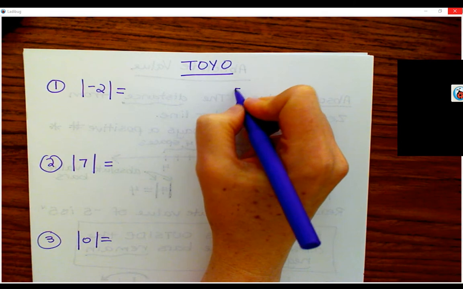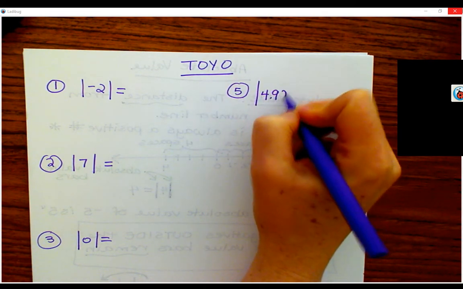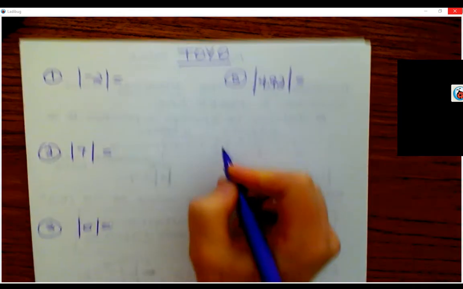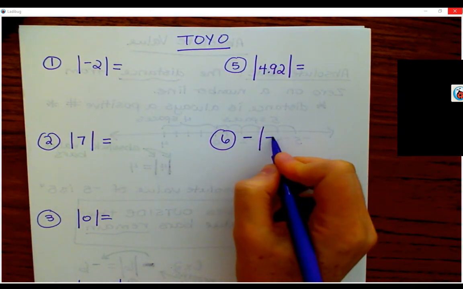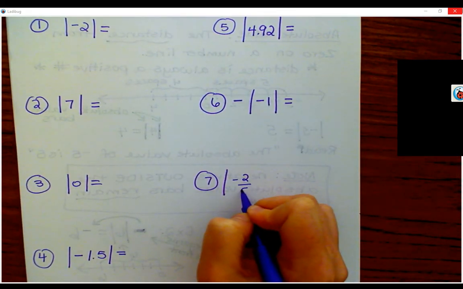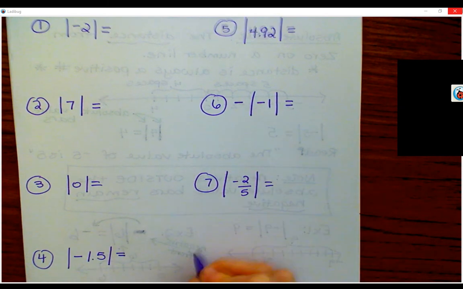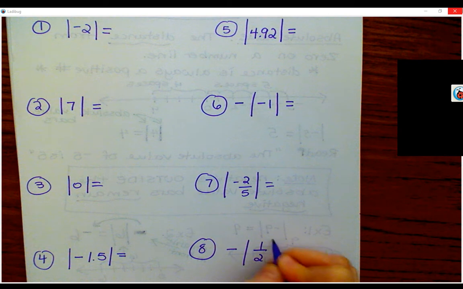Number 5 is the absolute value of 4.92. Number 6 is negative absolute value of -1. Number 7 is absolute value of -2/5. And number 8 is negative absolute value of 1/2.